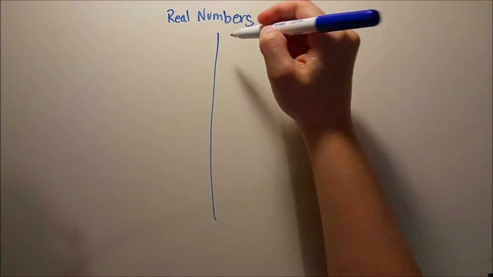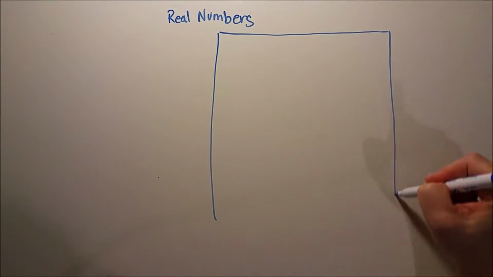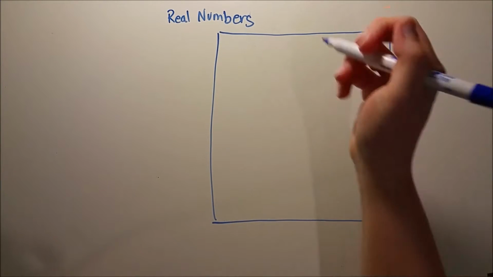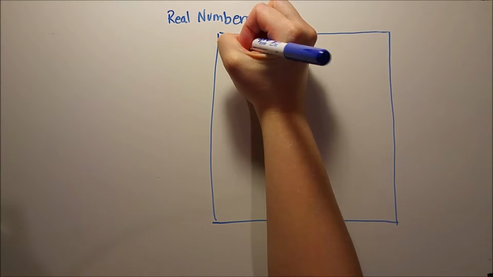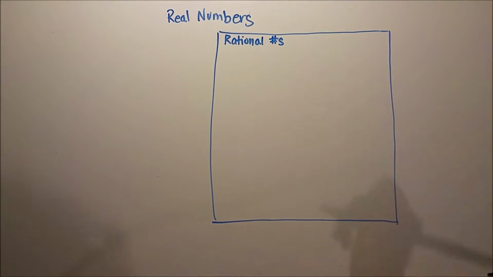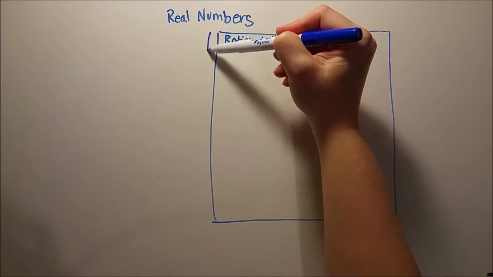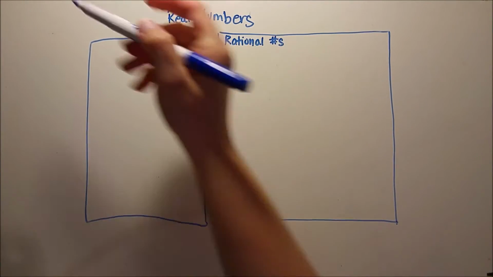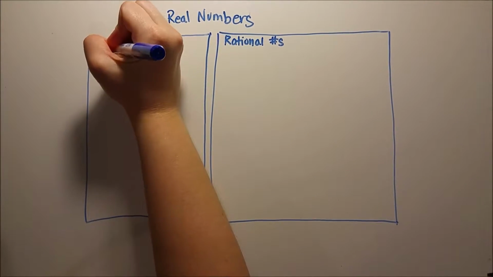So on this half of the board, we will make a box for rational numbers. I'll abbreviate that there. And then on this side of the board, let's make a box for irrational numbers.